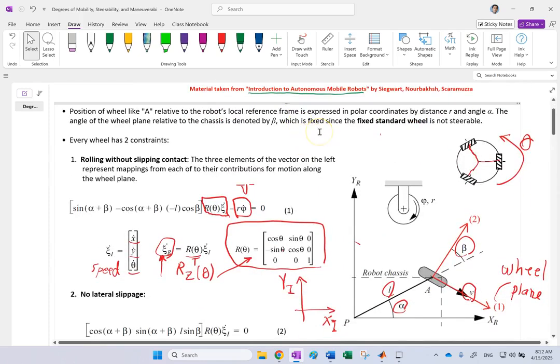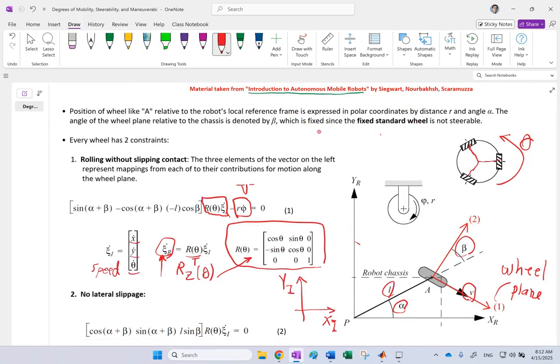So what we need to do is to draw the velocity components of xi dot r and project them along these axes 1 and 2, and see what we get. So what do we have here? Well, the x component of this xi dot r is of course going to be along xr, so this is one of those components. The y component of it is going to be along this, correct? And then we have a component because of theta dot. Which component?